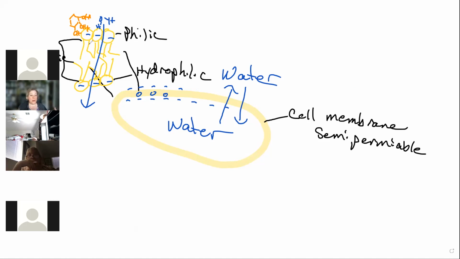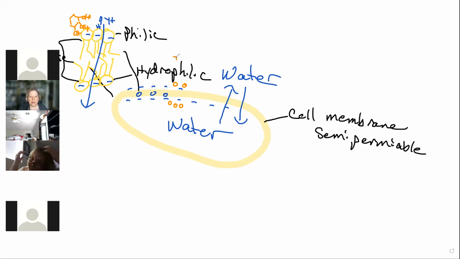Even as things are moving around, one, they're too big to get through, and two, they're kind of stuck. So sugar molecules kind of stick to the outside, or if they're inside, they kind of stick to the inside. Water has a hard time getting through, but it can, because channels open up occasionally. Sugar doesn't get through. So sugar cannot diffuse from one side of the cell to another.